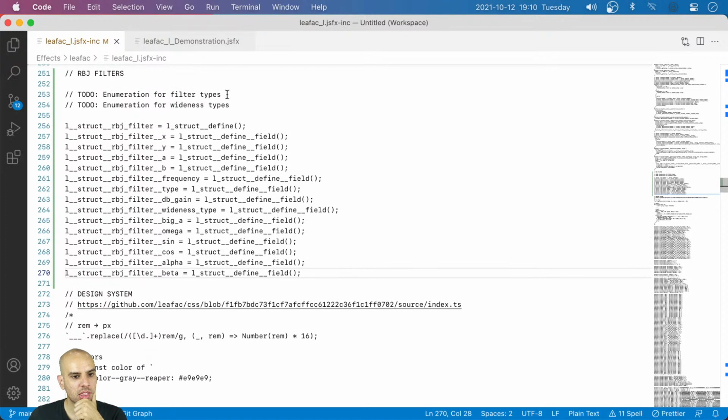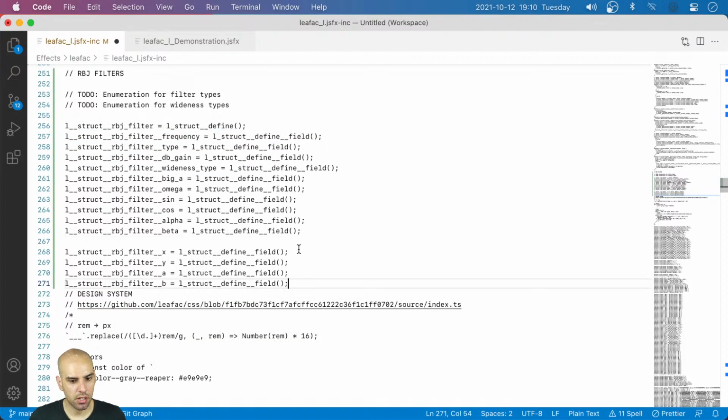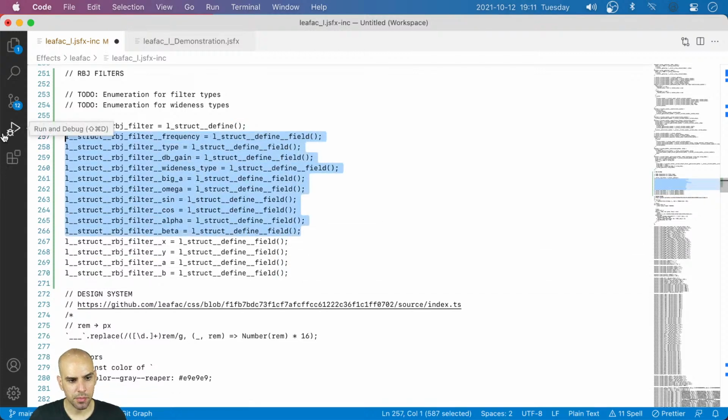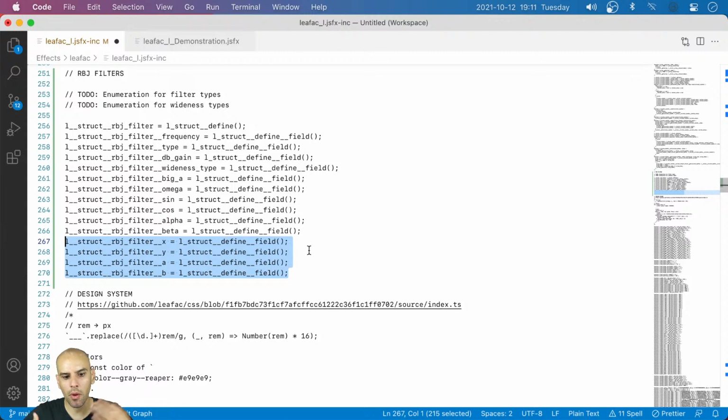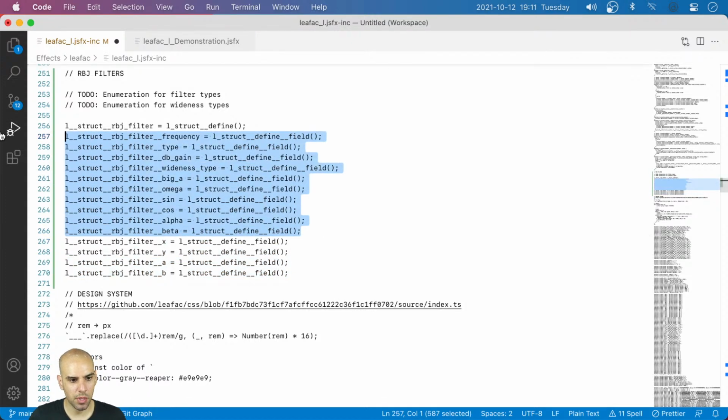So let's check the order of this. Do we like the way that this is defined? I don't really like the way that this is defined. I think I'd rather have it like this. These are like the setup for the filter. These are the operation of the filter. So this is something that we can do only once. We can tell that this is the frequency, type, and so forth.